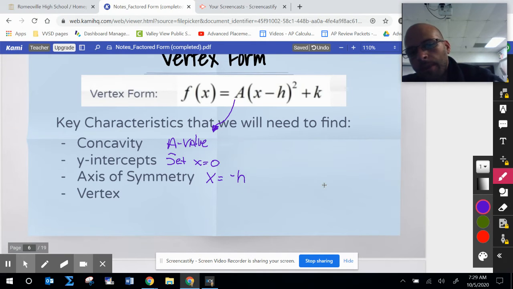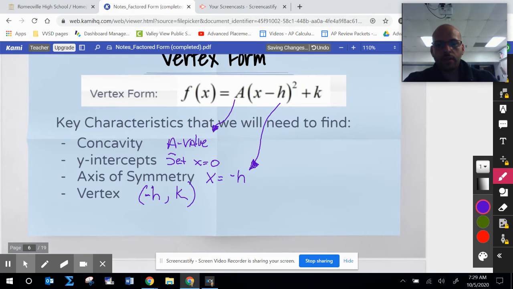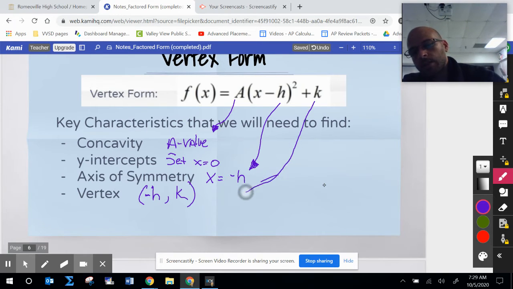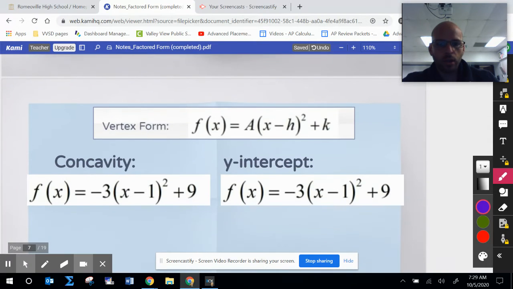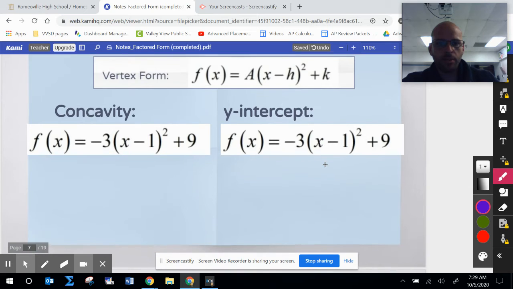It's just going to be the opposite of my h value, x equals. And then the vertex is going to be the same, the opposite of my h value, comma, my k value. And you can get that k value from this term at the end. So let's see it in work here with an example.